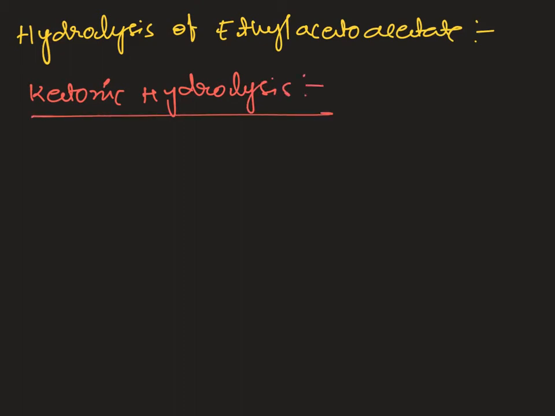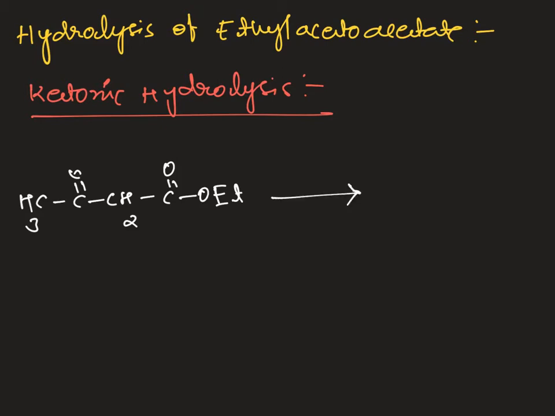Here I am taking ethyl acetoacetate, which reacts with KOH, and the condition for ketonic hydrolysis is a dilute solution of KOH, potassium hydroxide, whether aqueous or alcoholic KOH.